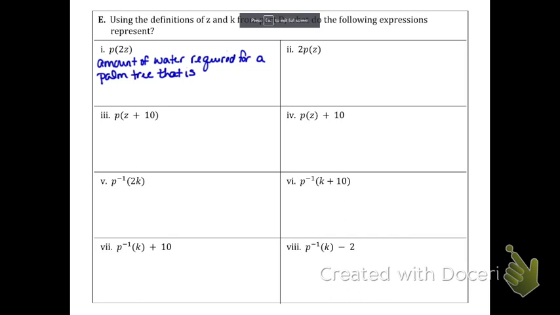So double the average height. You could put twice the average height, anything like that.